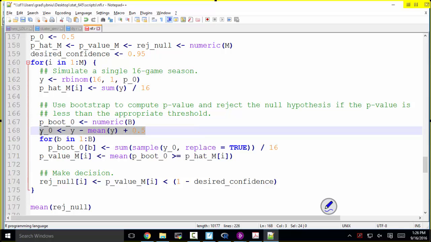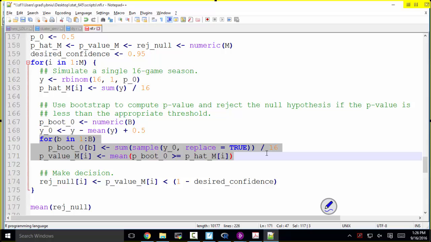I'm setting up for the Bootstrap by transforming the data, just like we did above. I'm going to subtract the mean to make the mean 0, and then I'm going to add back what I want the mean to be under the null. And then I'm ready for Bootstrap. Sample with replacement, and compute the statistic each time.